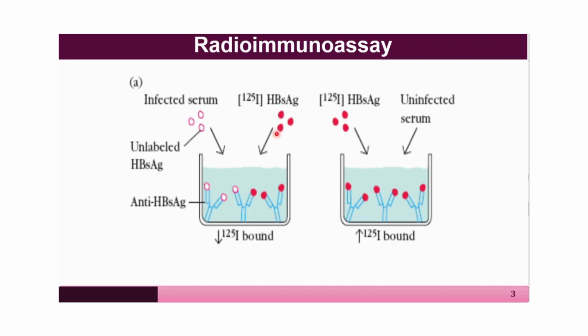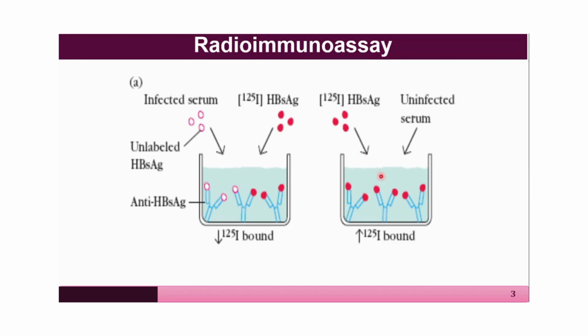Similarly, vice versa, if the concentration of unlabeled antigen is less and the concentration of labeled antigen is more, more of the labeled antigen will bind to the antibody FAB site.